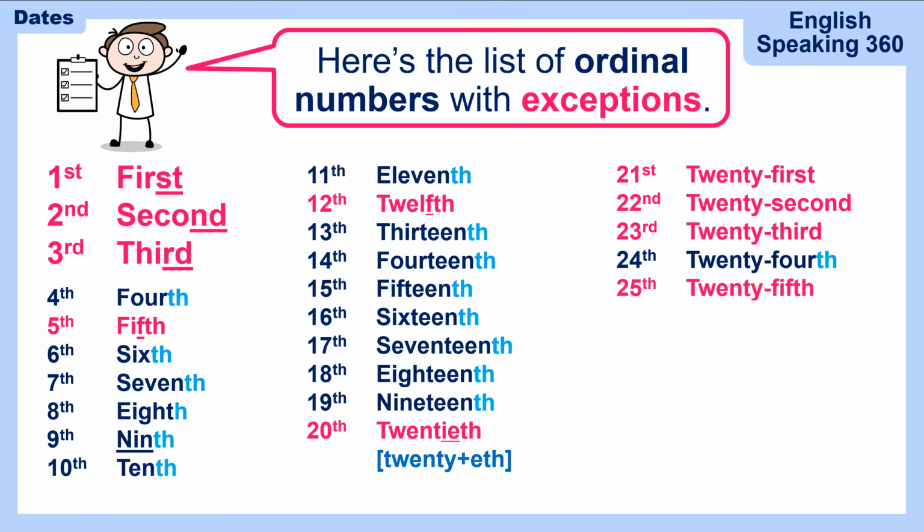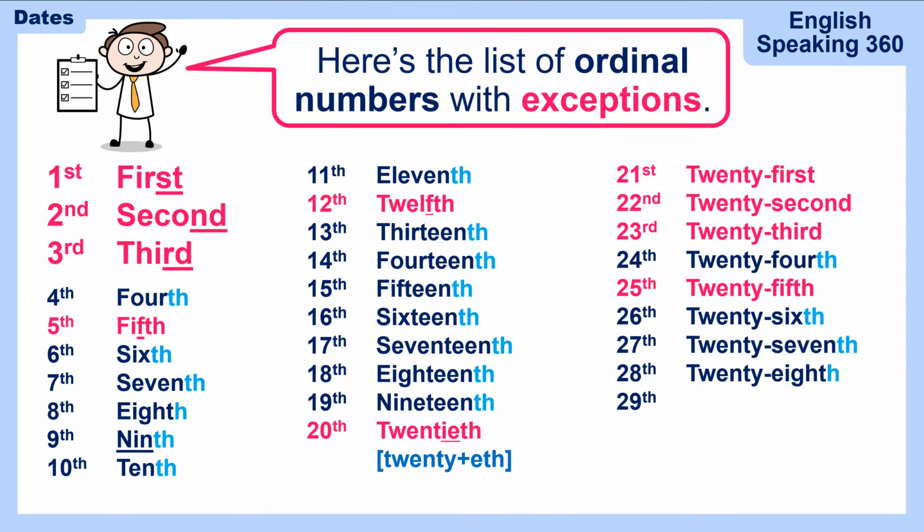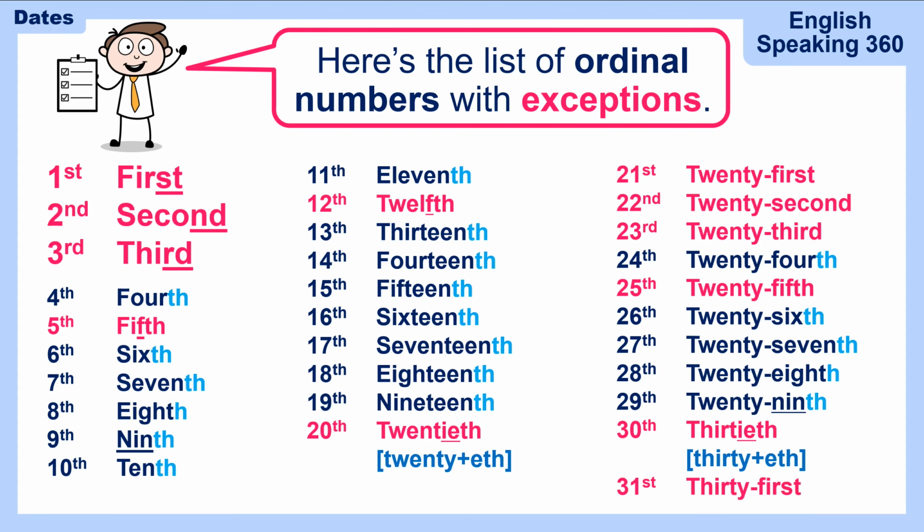Once again, an exception, fifth. 26th, 27th, 28th, 29th, and 30th. So 30th follows the same system as 20, so the Y changes for an I and then ETH after. Thirtieth. Some months have 31 days, so we say the 31st.